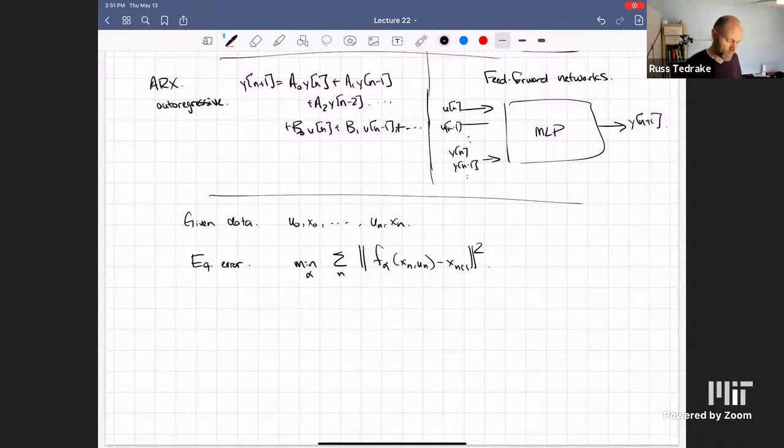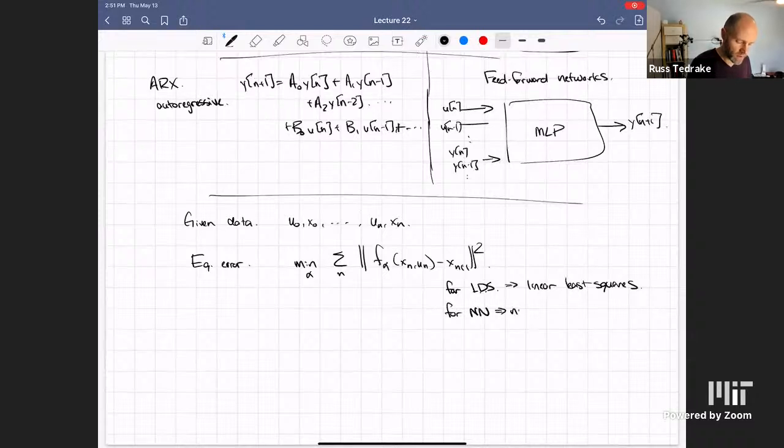This is the case which for linear dynamical systems, LDS, I got linear least squares. And if I've got a neural network here, now it's just a nonlinear least squares.